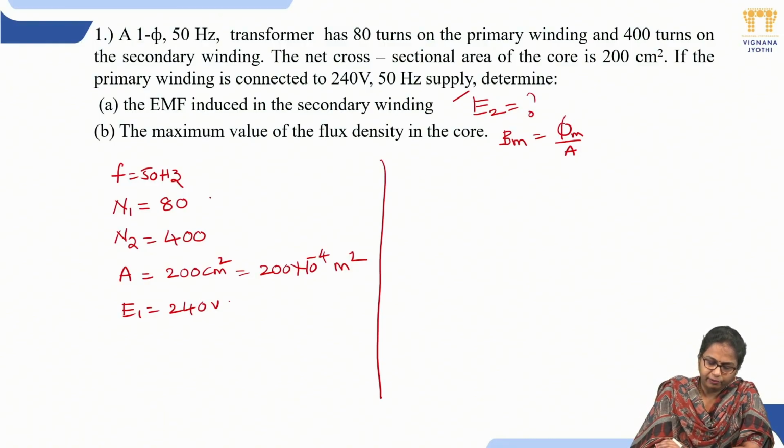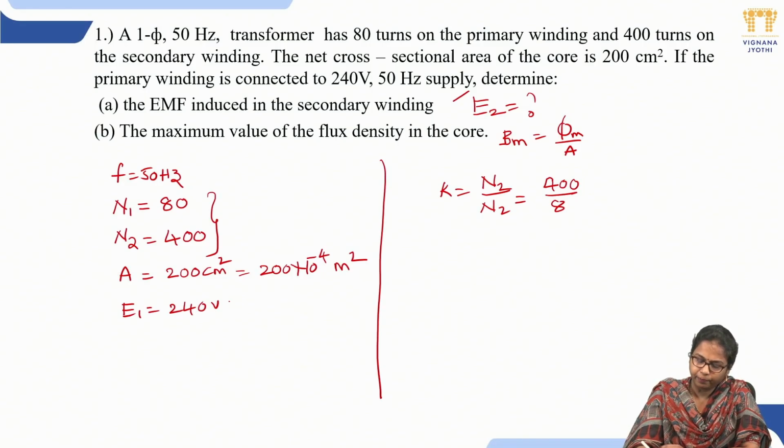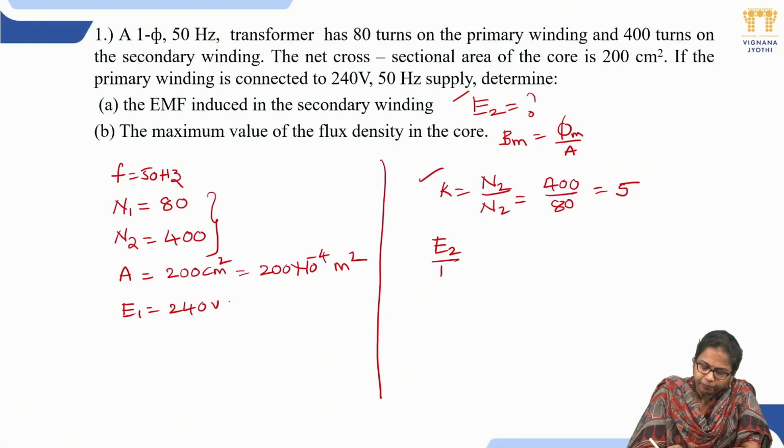So what we are asked to deduce is E2 and also the flux density. When we have the values of N2 and N1, can't we calculate the value of the transformation ratio? N2 by N1 is equal to 400 by 80, which is equal to 5. So we got the value of K. And also we have E2 by E1 is equal to K. Can't we calculate the value of E2?